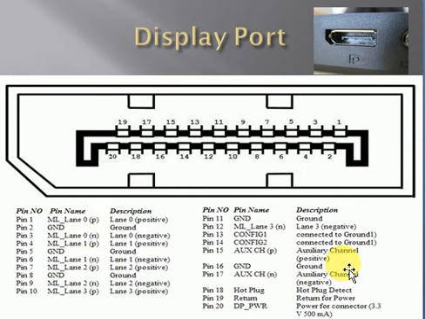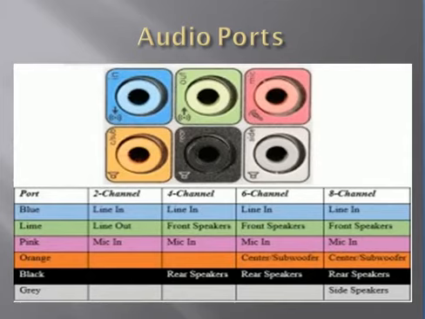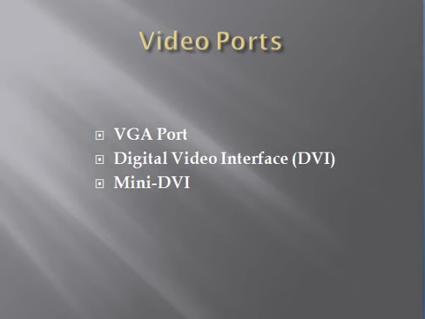Friends, in this class we learned about various types of audio and video ports. We learned about audio ports and video ports and their types: VGA port, Digital Video Interface DVI, and mini DVI or micro DVI port.